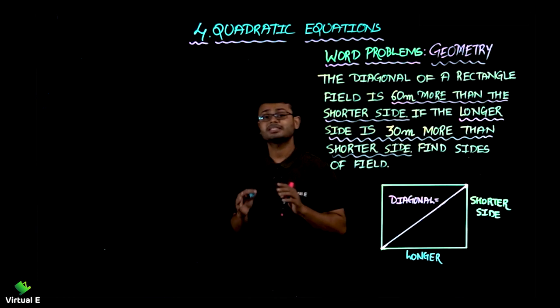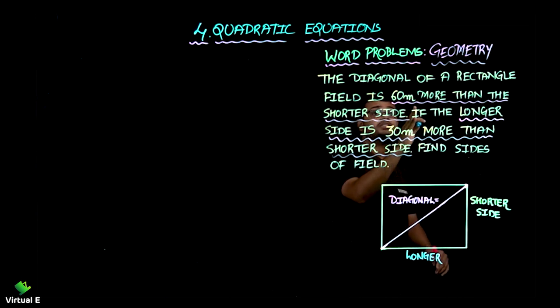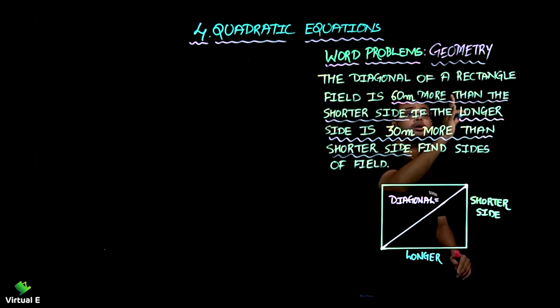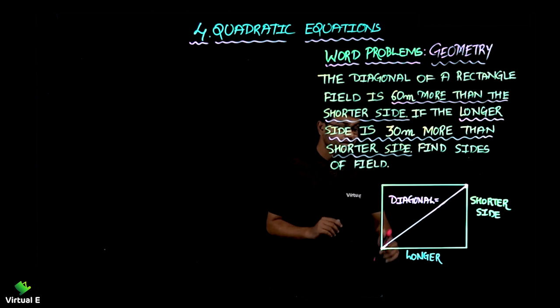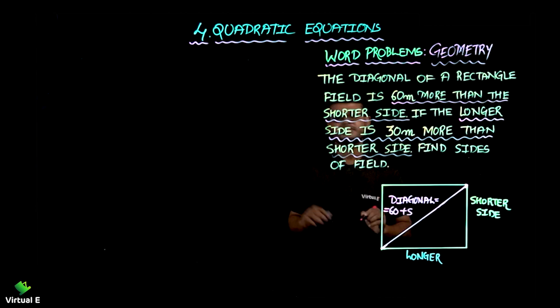Now let's see what relationship is given over here. The diagonal is 60 meters more than the shorter side. So I can write: diagonal is equal to 60 plus shorter side.